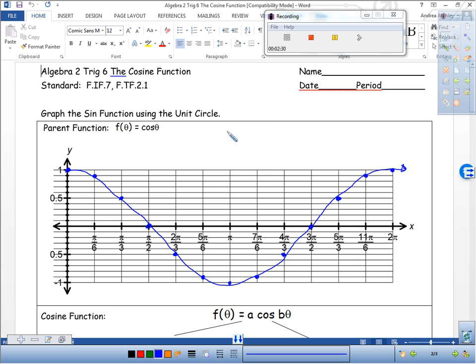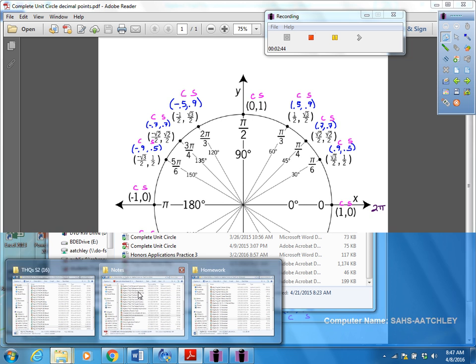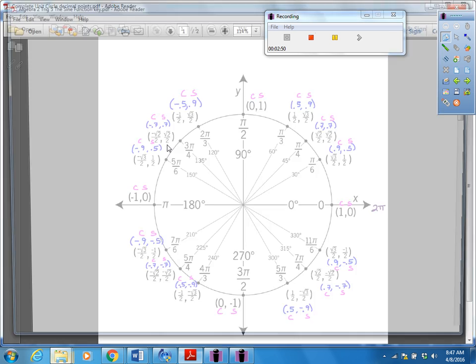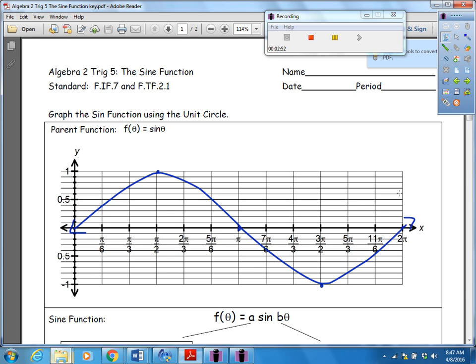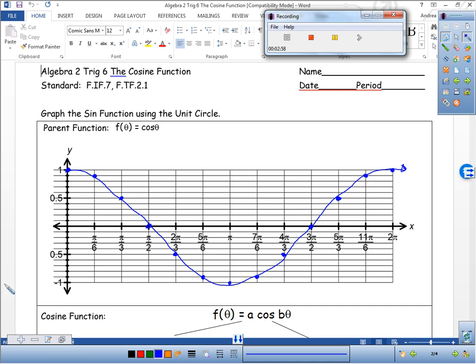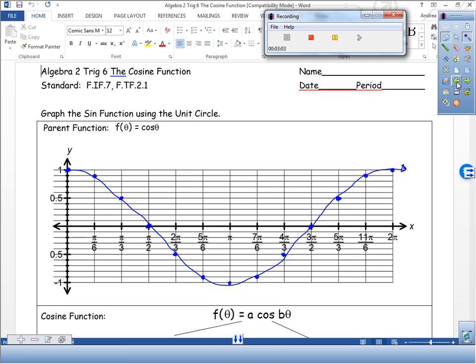Okay, compare this to our sine curve. So write down some things that are similar, things that are different between sine and cosine. Again, this is our sine curve. That's cosine. Sine. Cosine.